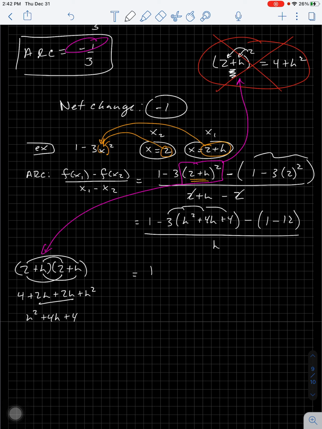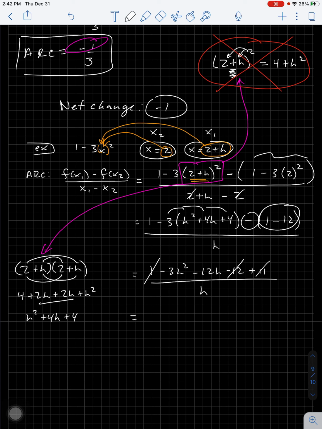Now, I'm going to distribute in the 3. Chink, chink. So I'm going to get minus 3h squared, minus 12h, and minus 12. And then this is going to give me a negative 11, and this minus sign out front is going to make it plus 11. Right?